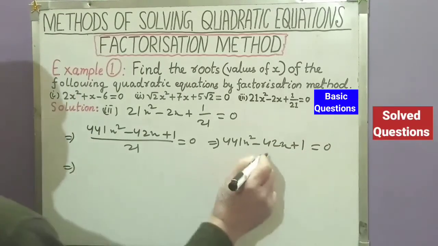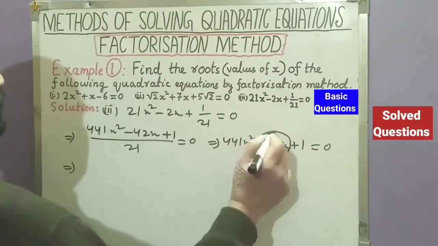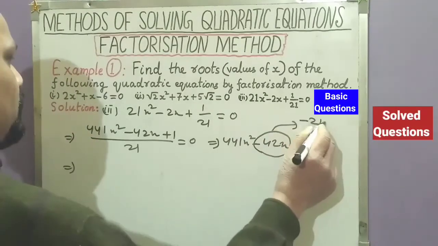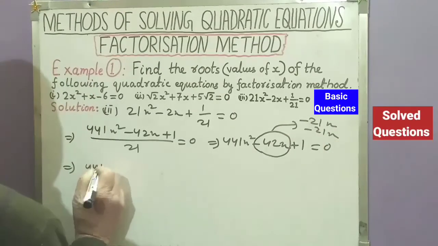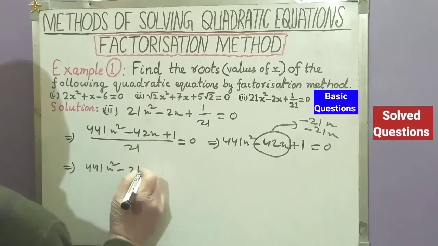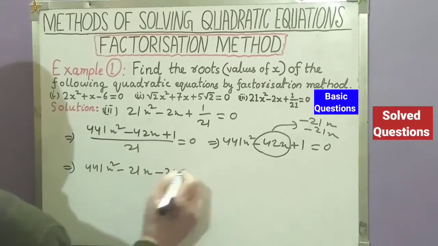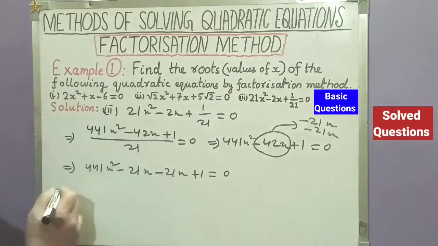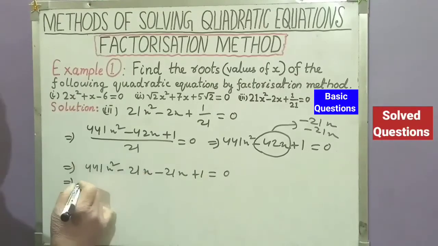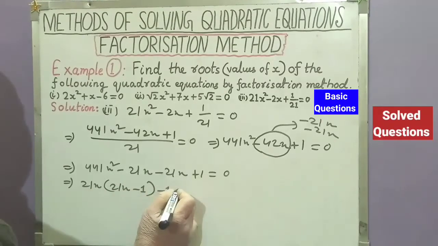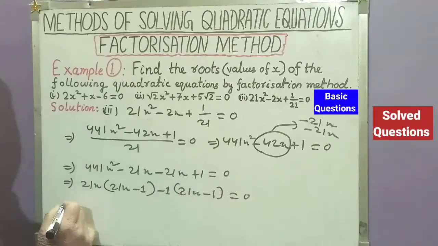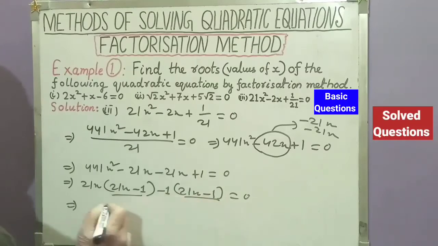Now split the middle term minus 42x as two terms, minus 21x and minus 21x. Now we get 441x square minus 21x minus 21x plus 1 equal to 0. That implies that 21x common whole into 21x minus 1 and minus 1 common, 21x minus 1 equal to 0.